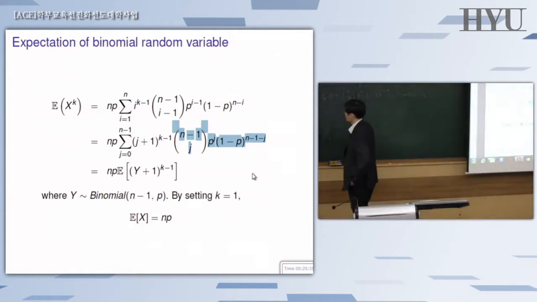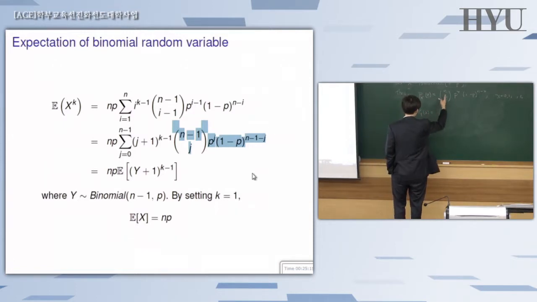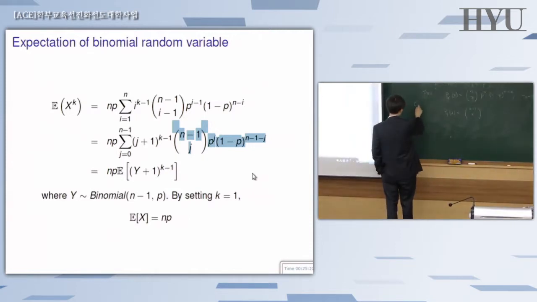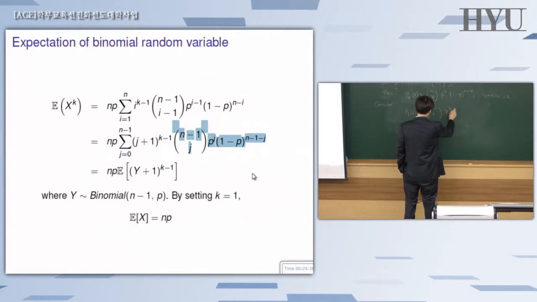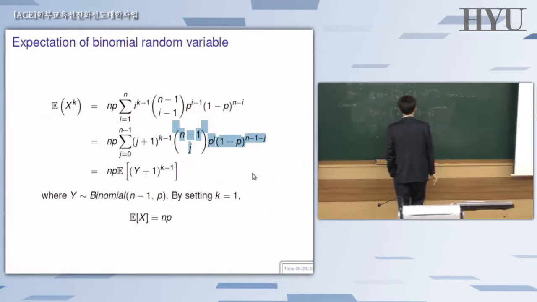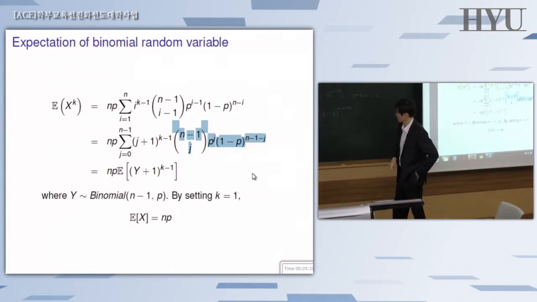So define a new random variable, say Y. We don't know what that one is now. Just put n minus 1 instead of n, still p. Then what is this one?